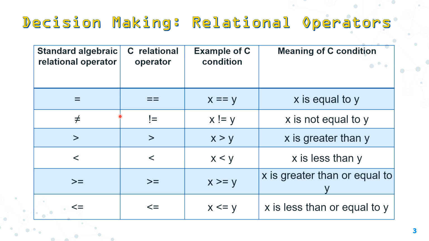So what we used to see in standard algebra, in C programming you have to write it in a different condition using a different relational operator.